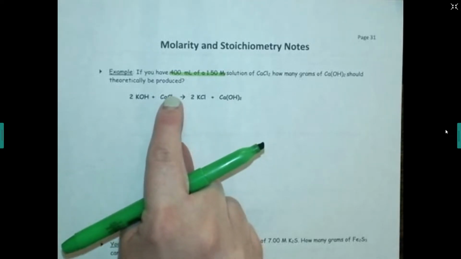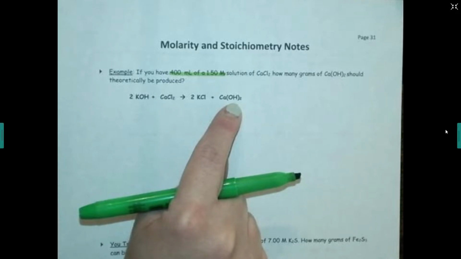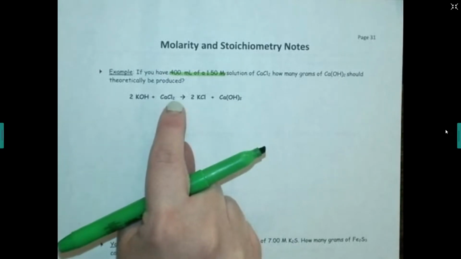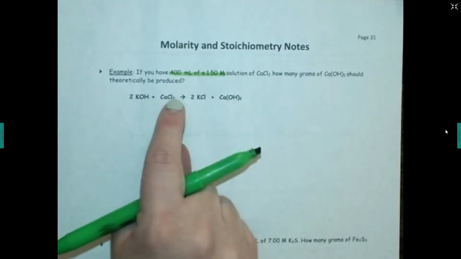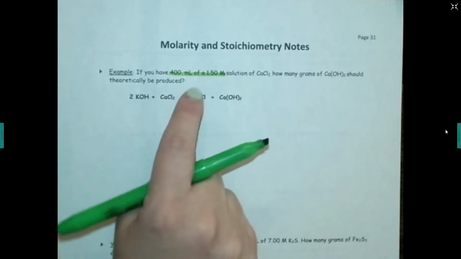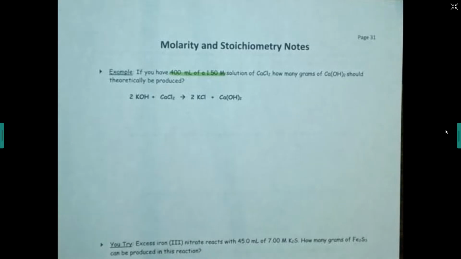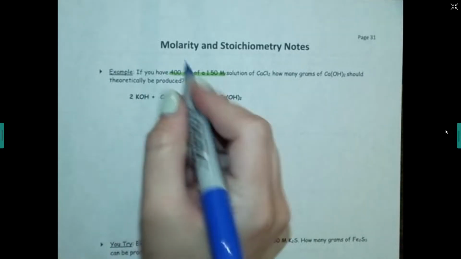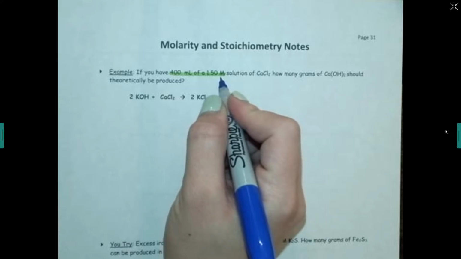Because we're going from one substance to the other, we know it is a stoichiometry problem because it involves a balanced chemical equation where we have to do a mole ratio to go from one substance to the other. And we have molarity involved. We know, because of last week, that whenever we have a volume and a molarity, we're able to figure out moles.